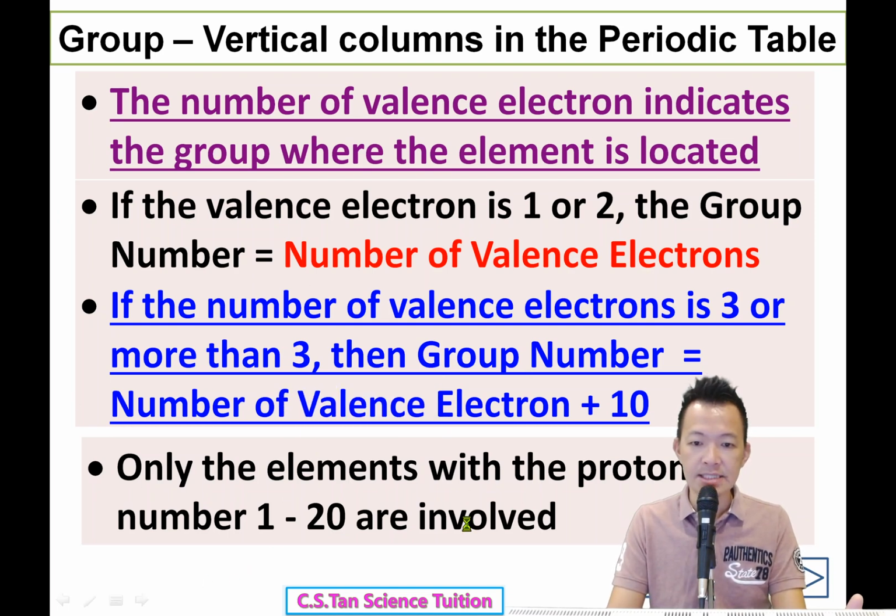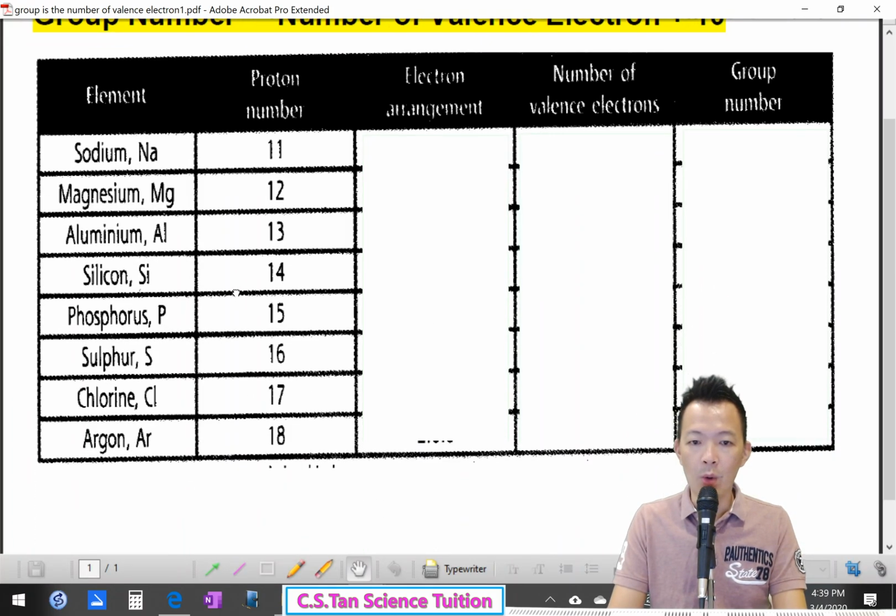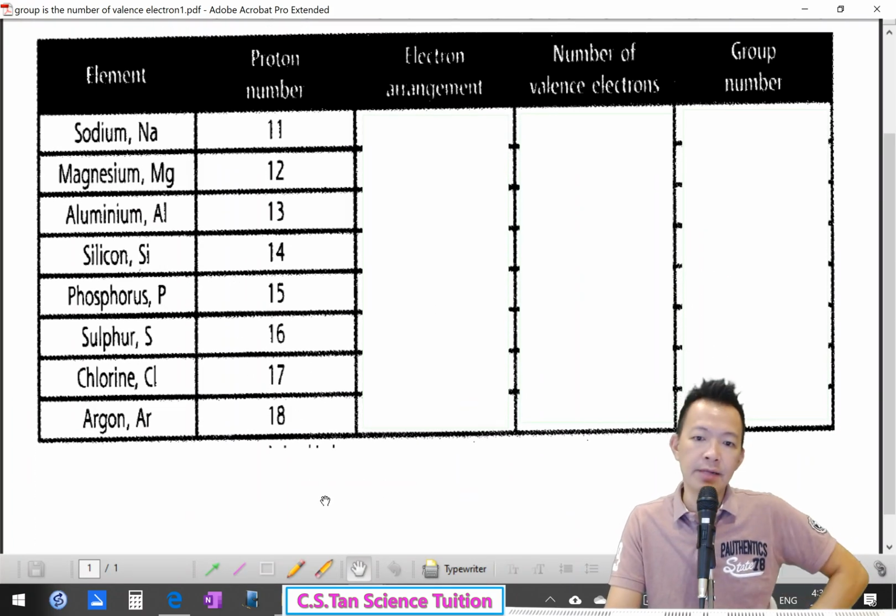So what is the meaning of this? Let's look. Wow, a very big table. Solid magnesium until argon, write up the electron arrangement.